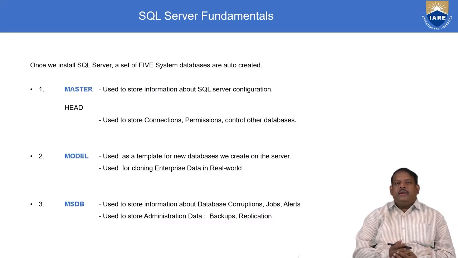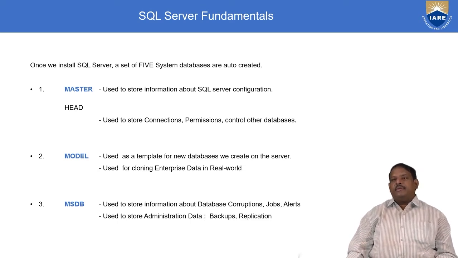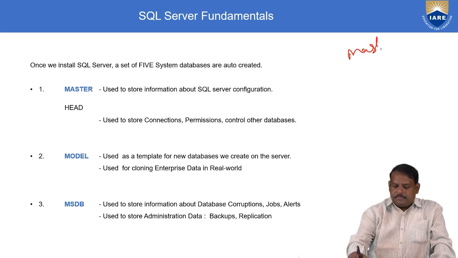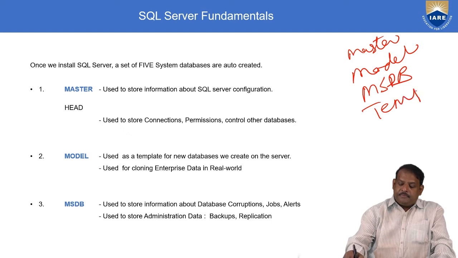Now we have seen that there are four visible databases and one not visible database, that is resource. Now we will see what these 5 databases are: master, model, MSDB, tempdb, and resource DB.